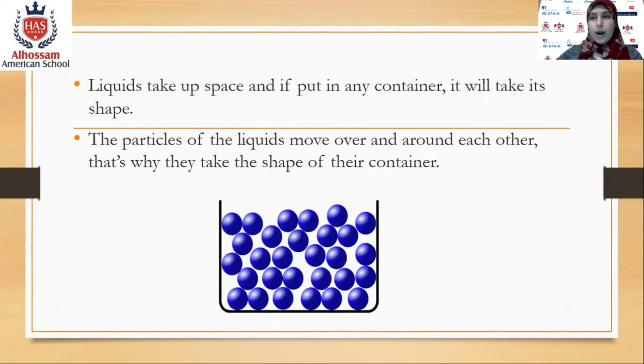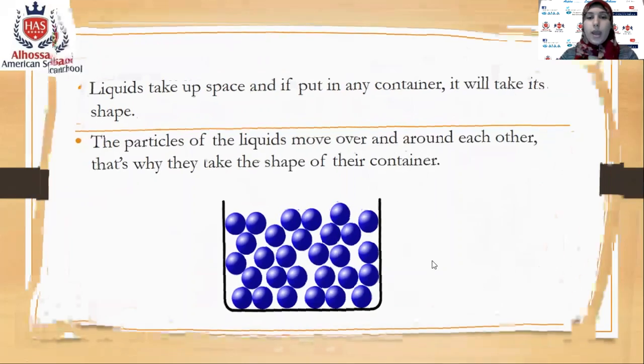But if you pour this water on your desk, or in another beaker, what will happen? It will change in shape. It will be spread in another shape. That's because of the arrangement of the particles. So the particles are close to each other, and are not tightly packed. They're only close to each other.